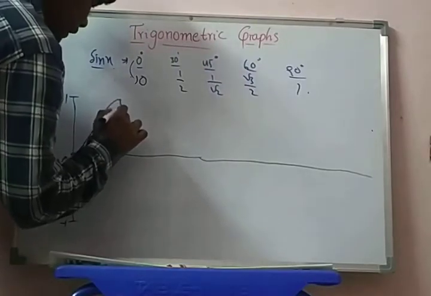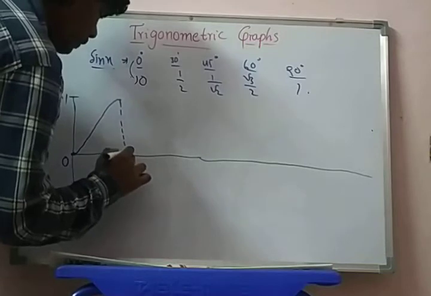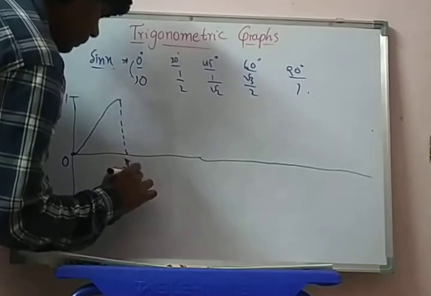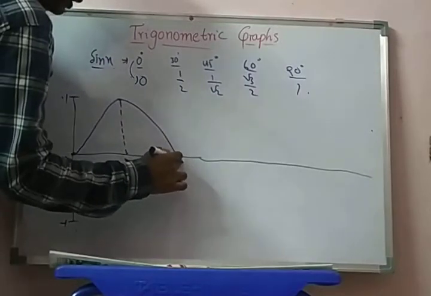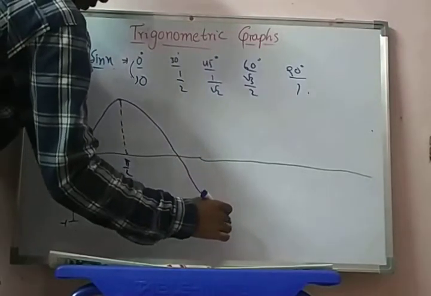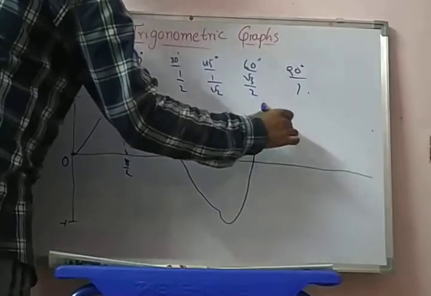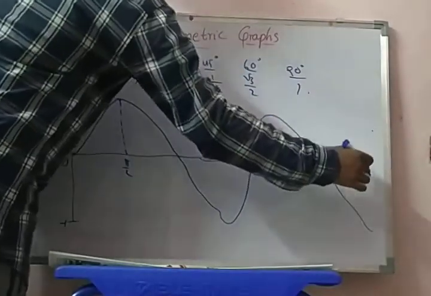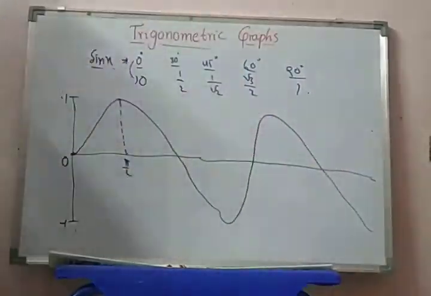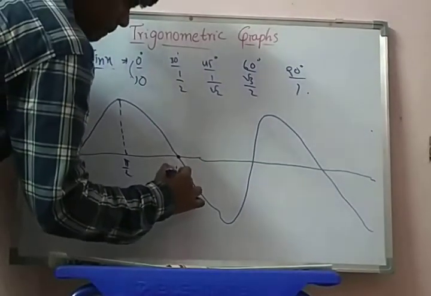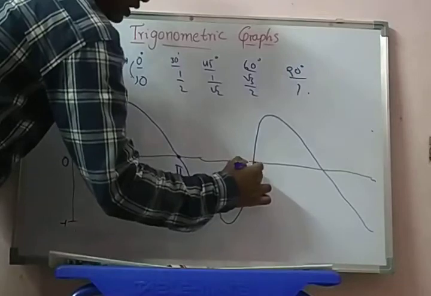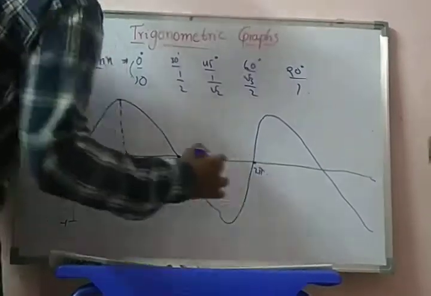At pi by 2 it becomes 1, and again decreases, and the graph proceeds in this way. So here it is pi and it is 2 pi.